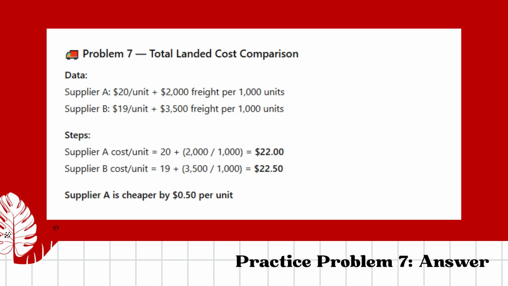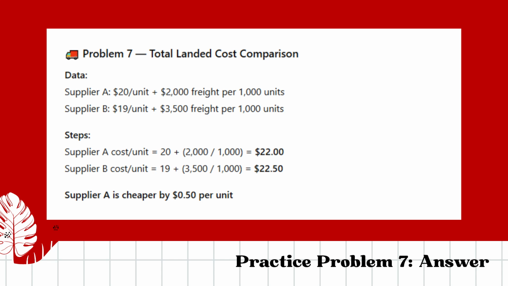We must determine which supplier has the lower landed cost per unit. Explanation. Problem 7. Let's look beyond just the purchase price. Supplier A's total per unit cost includes both the unit price and the shipping spread over 1,000 units. That's $20 plus $2 freight, or $22 per unit.